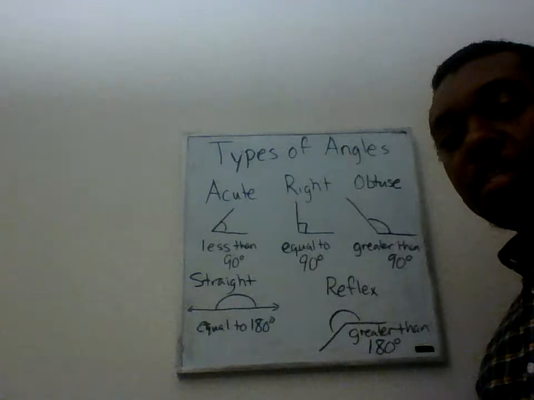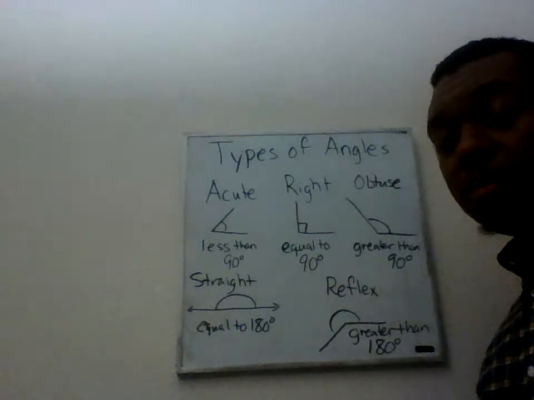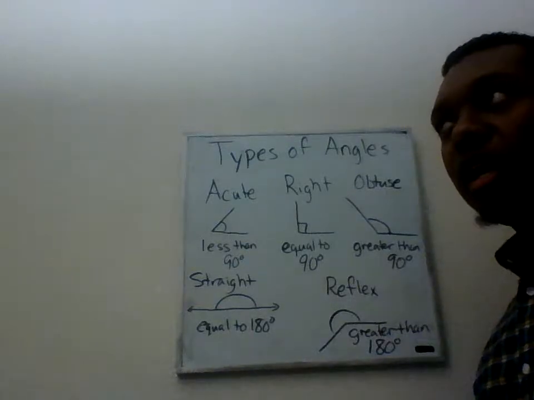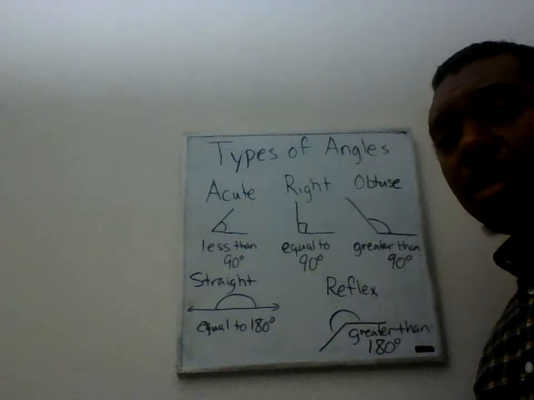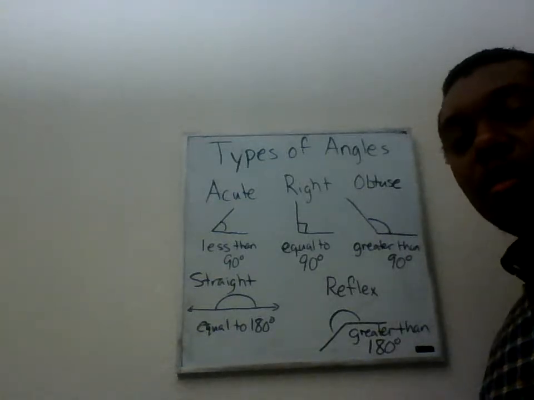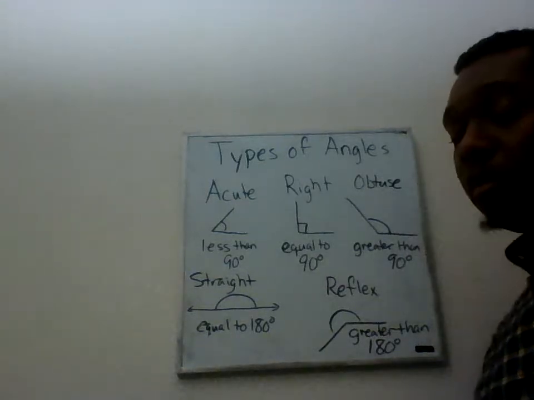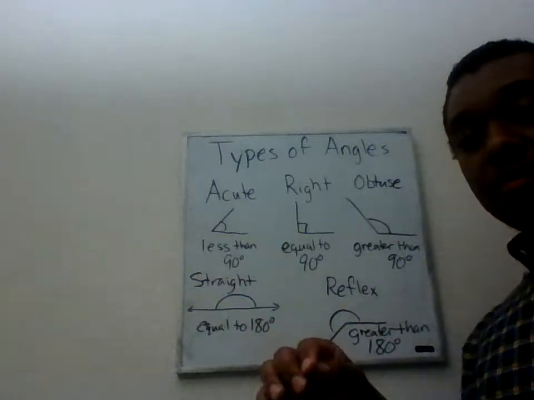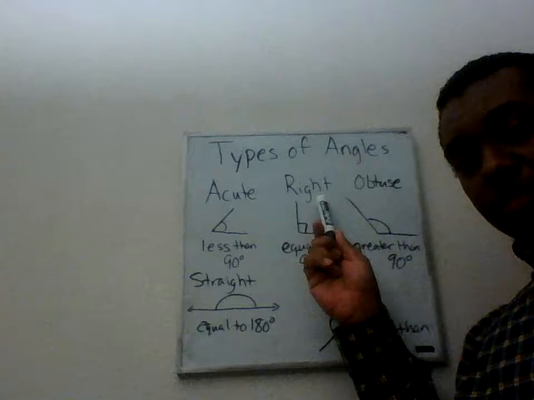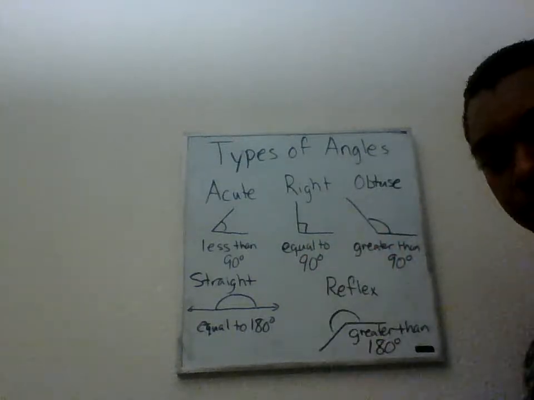I mentioned before that most people think there are just three, but really we have five. And honestly, I've heard a lot of times people talk about a sixth one, which I'll mention at the end as well. But first and foremost, we have the three that most people think about when they hear types of angles: acute, right, and obtuse.